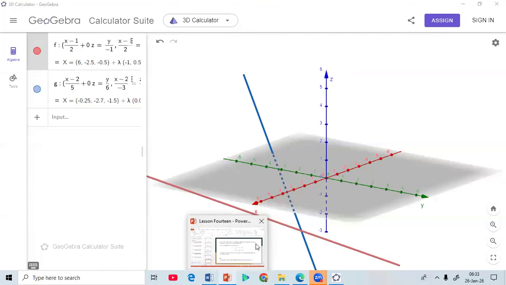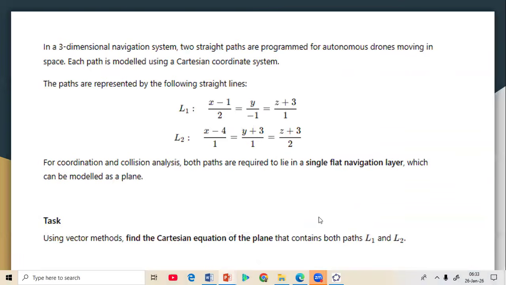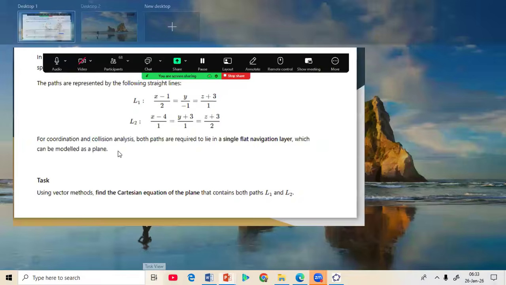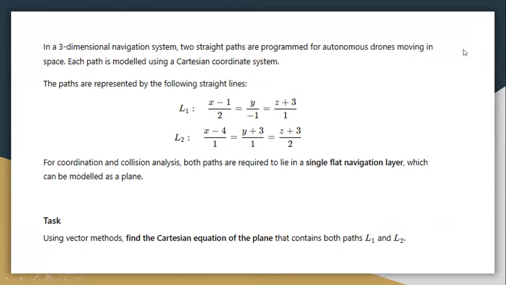Okay, let me go back now. I've proved that they're intersecting, but you have to prove it the way we have proved it. You have to first prove whether they are intersecting. When you are testing, let this be lambda and this be mu.